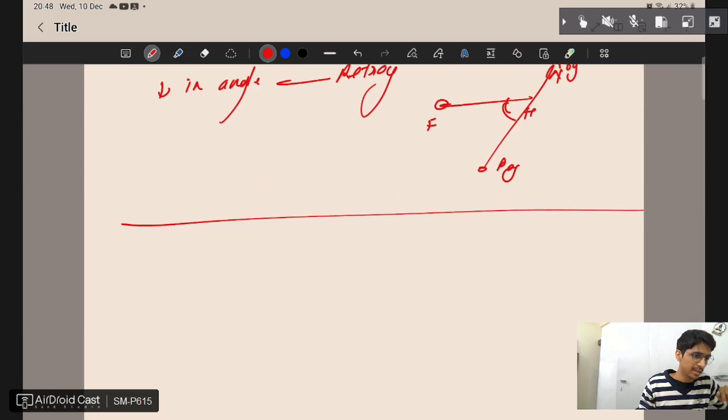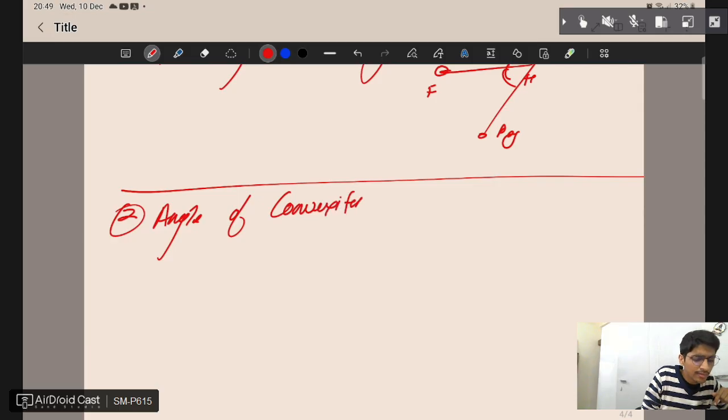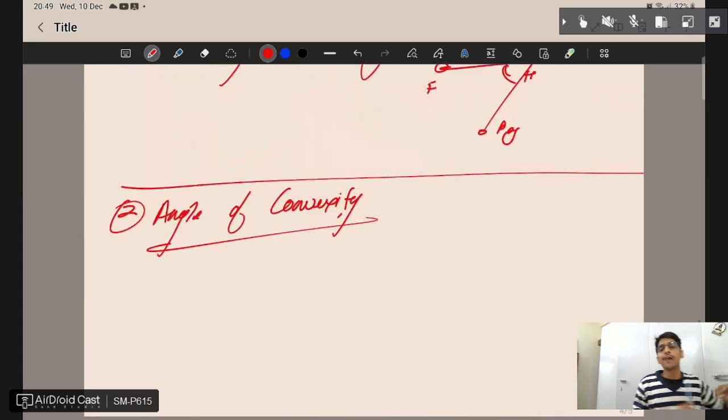Okay, simple. And now we are coming on to the second thing, that is angle of convexity. So what basically is the angle of convexity? If you have to analyze it, you have to visualize your own self through a mirror.